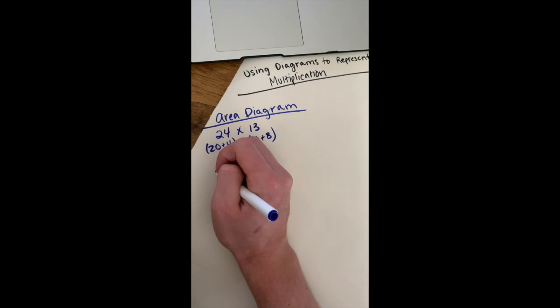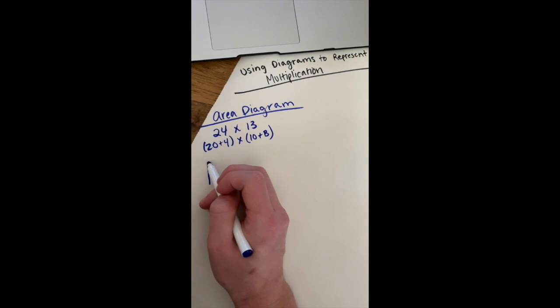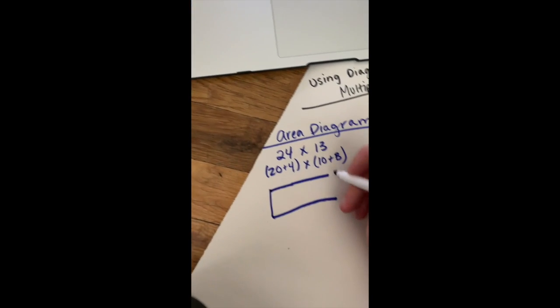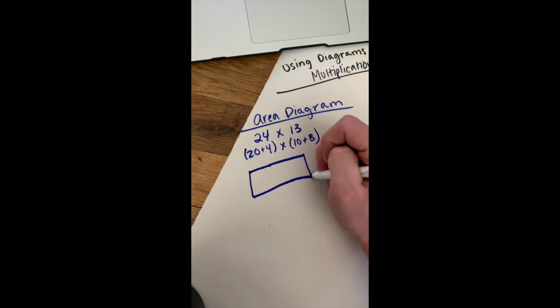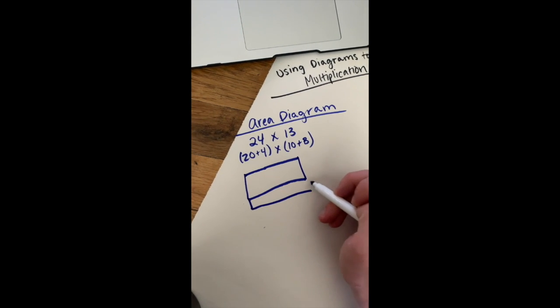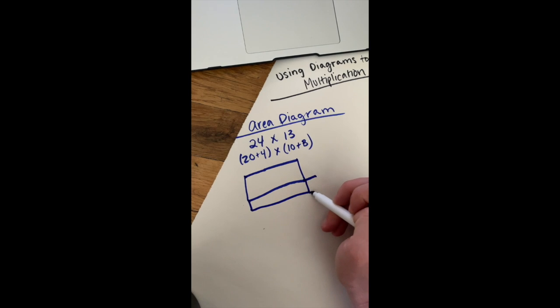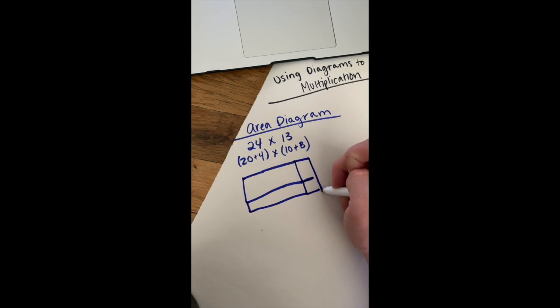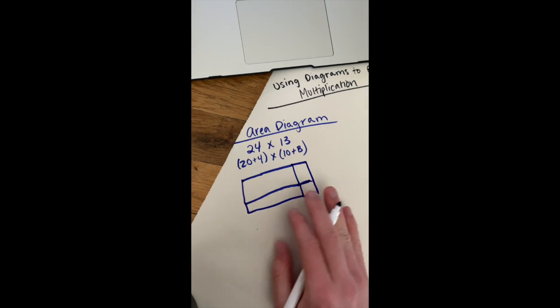The next thing that we're going to do is draw a rectangle. I'm sorry, my rectangle is not going to be perfect. I'm going to be adding on to it in some areas because it's not looking how I would like. Alrighty, there we go. So we have a rectangle.